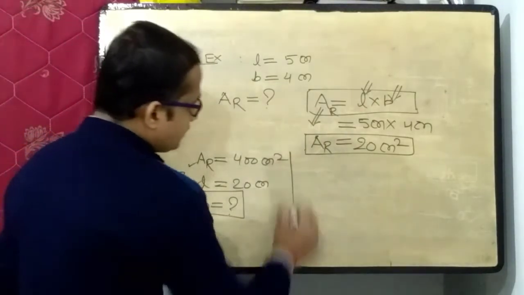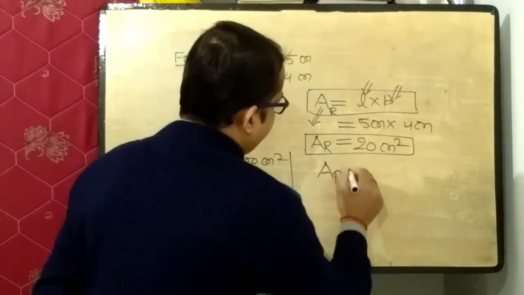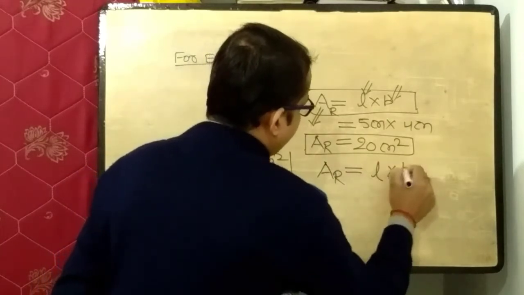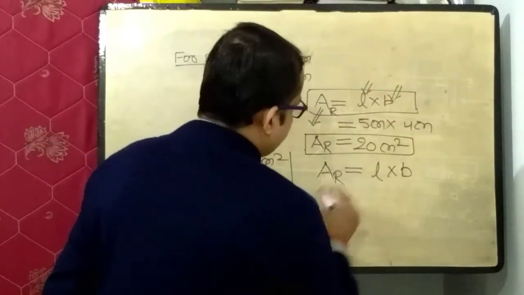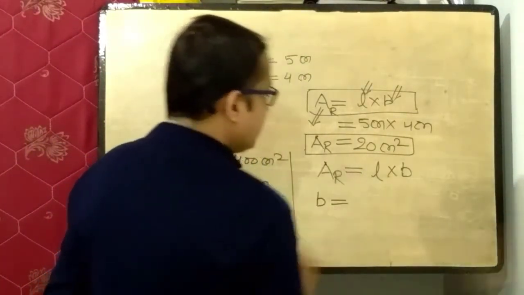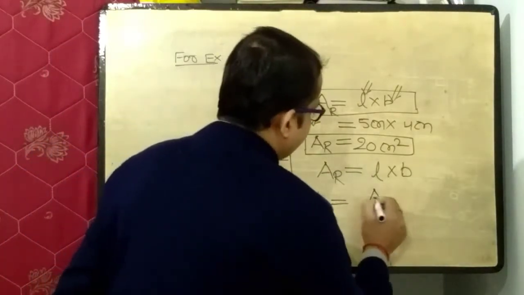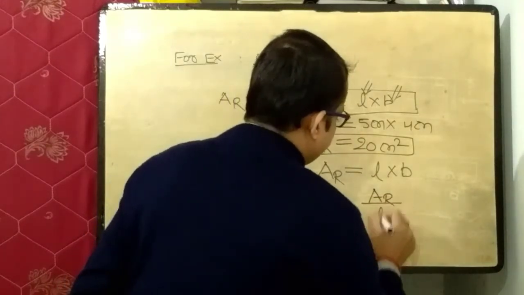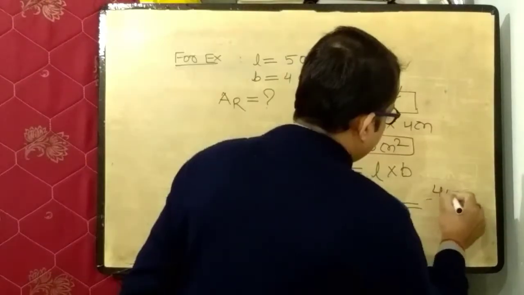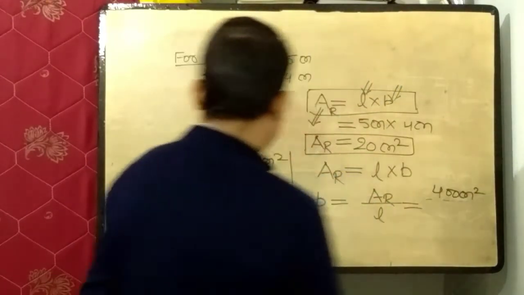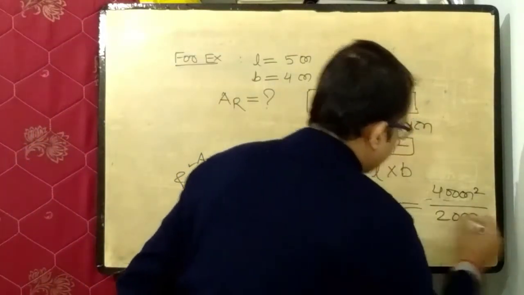So what procedure do you have to follow? Concentrate here. Area of rectangle equals L multiplied by B. You have to calculate breadth, so breadth of rectangle equals area of rectangle divided by length. The area is 400 meter square, and length of rectangle is 20 meter.